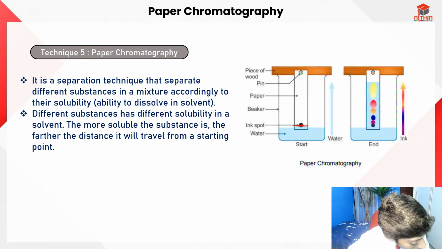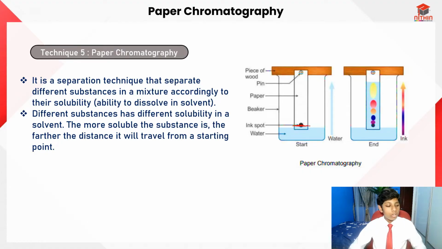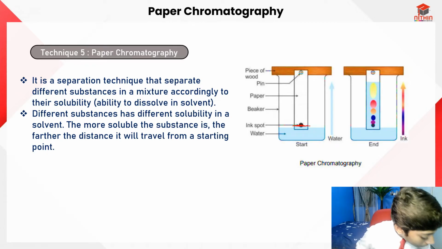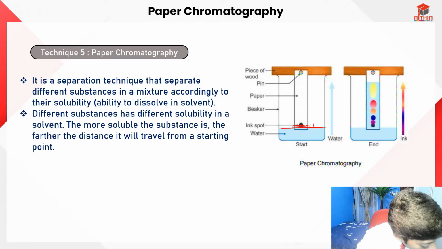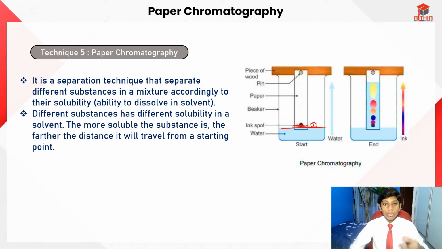This is the pencil line we need to draw, and this is where we will put the ink drop. It must be above water level. If not, the water will start to rise up the paper even before you put the ink spot.